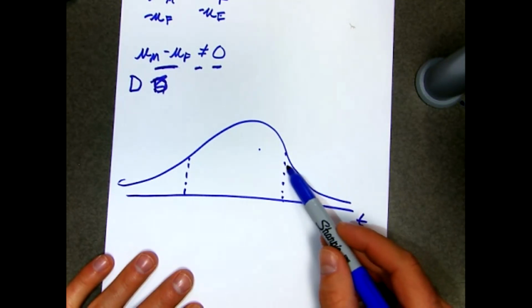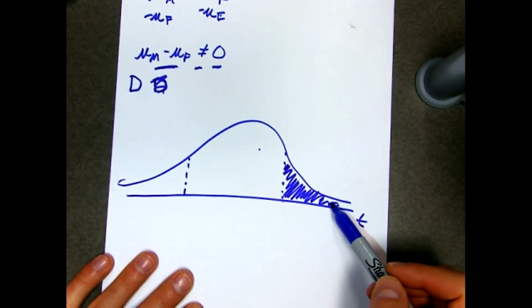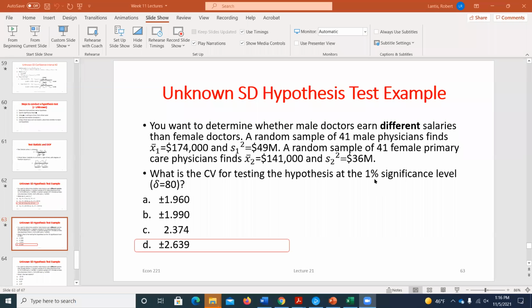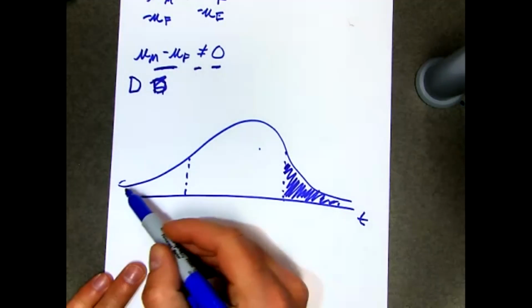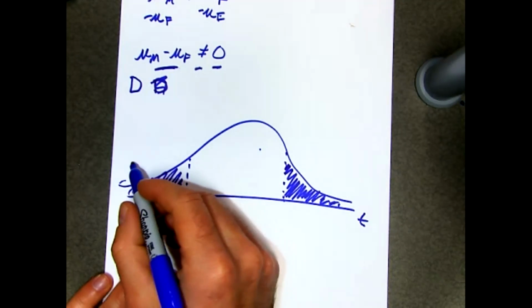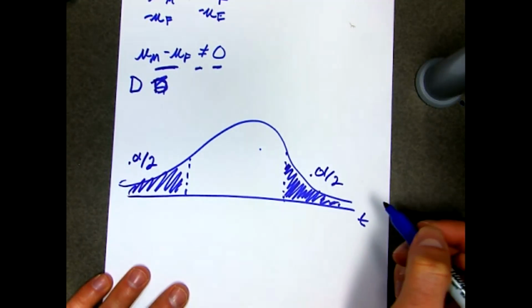Right, so this one, I think we were looking up an alpha of 0.01, or no, I think it was 1% significance. Yeah, so 0.01. So there's alpha of 0.01 total in the tails, which means that there's half of alpha in each tail.